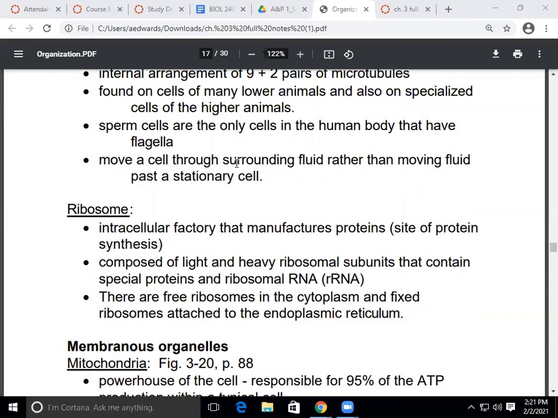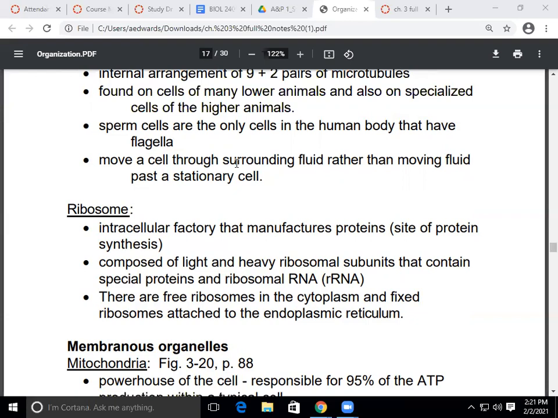You also have free ribosomes in the cytoplasm, so they're freely floating, as well as attached to the endoplasmic reticulum. And so we'll see later that when they are attached to the endoplasmic reticulum, we call that rough endoplasmic reticulum. But ribosomes are where proteins are made. Okay, so those are the non-membranous organelles.